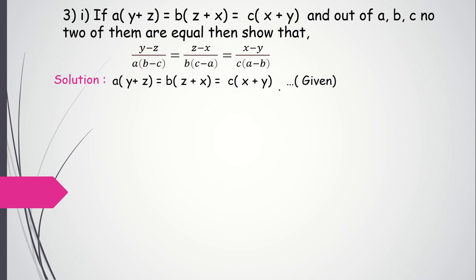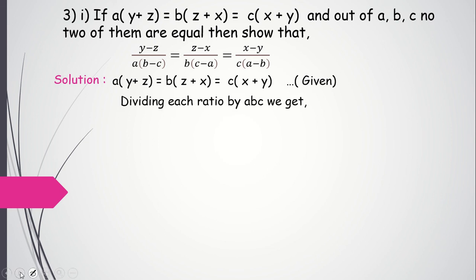Here we only have a numerator and here we have a ratio. We have numerator and denominator both. So, in order to get a numerator and denominator, we say dividing both sides by ABC. We do this arrangement, dividing both sides by ABC.